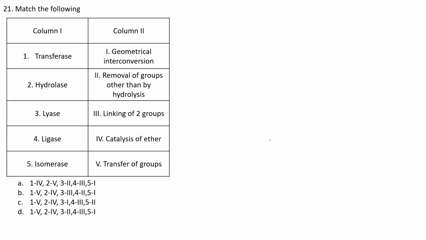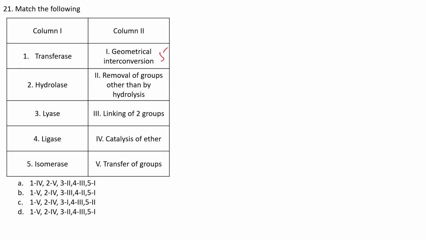Next one, match the following. In the first column we are having transferase, hydrolase, lyase, ligase, isomerase, the different classes of enzymes, and what functions they do. Geometrical interconversion is done by the isomerase, the fifth one, right?